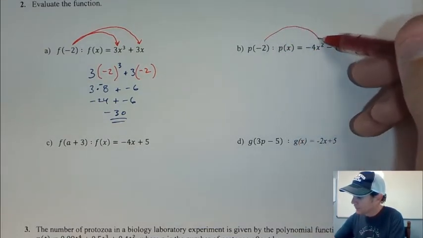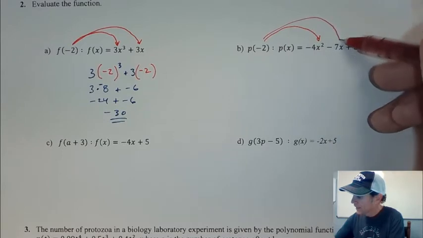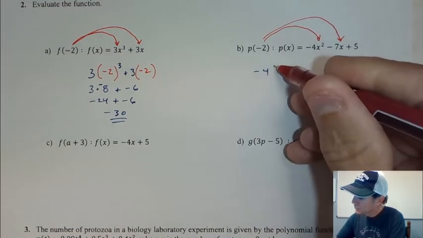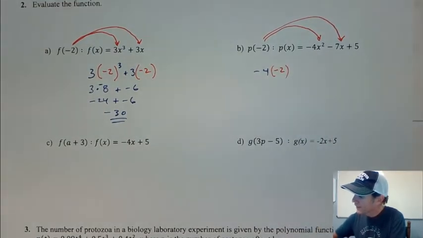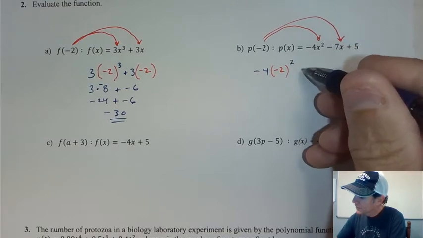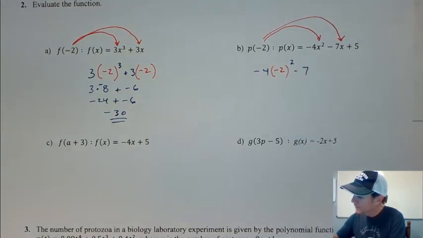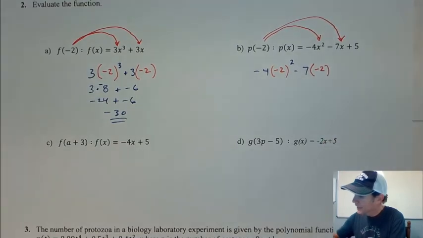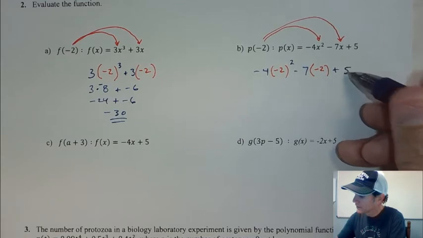And I guess I used the -2 again, but you can have different input values. We're going to put that -2 in wherever we see an x. And so I have a -4 times -2 squared. And I'm just showing this in various colors so you can see the input value a little better. I like to put it inside of a parenthesis. It helps out a little bit with our signs here.